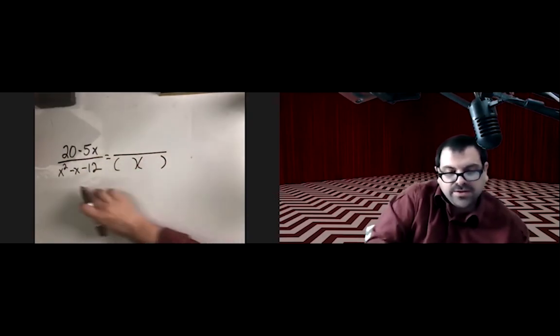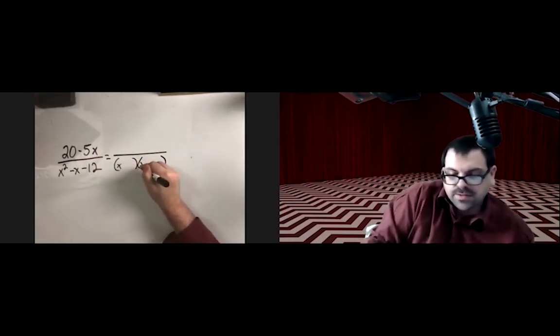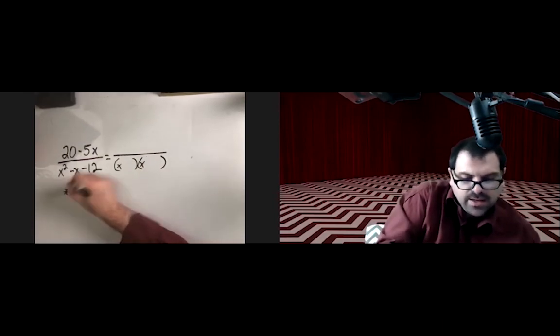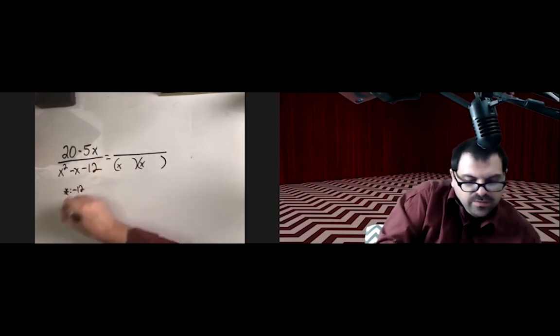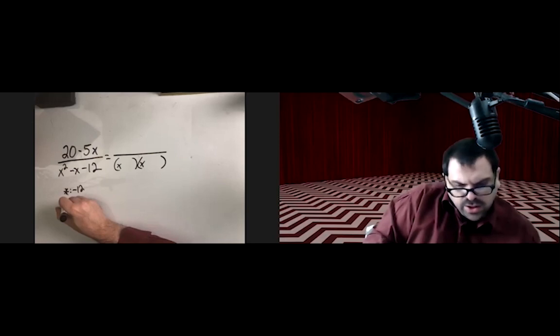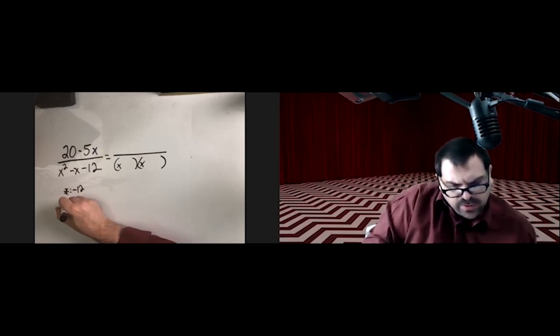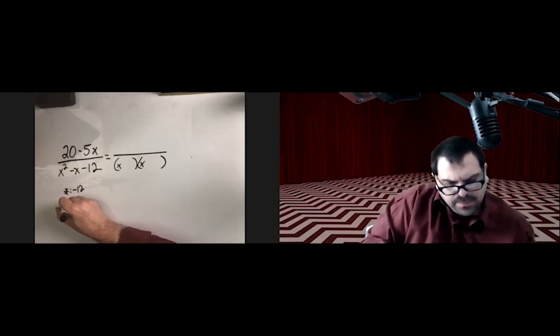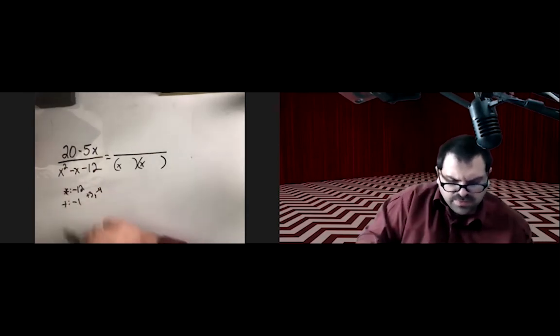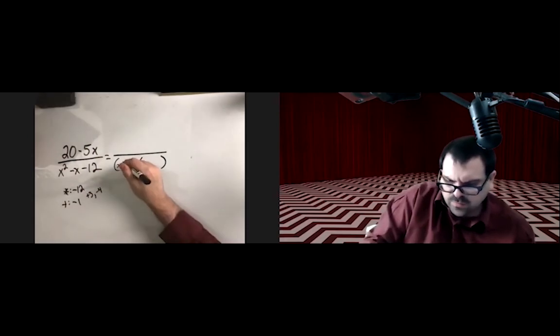The bottom factors, we need numbers, x and x, numbers that multiply to negative 12 and add to negative 1. Those numbers are going to be plus 3 and minus 4. Multiply to negative 12, add to negative 1.